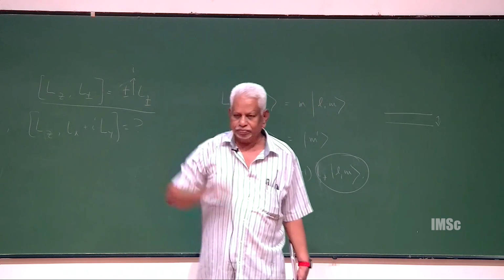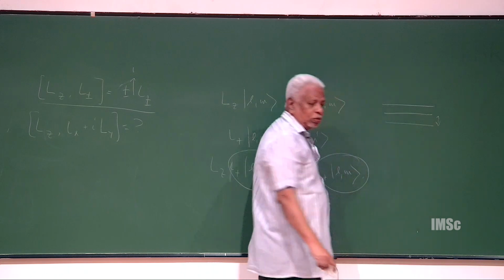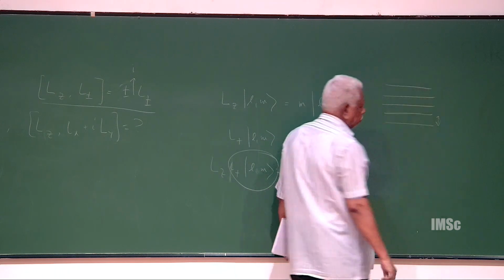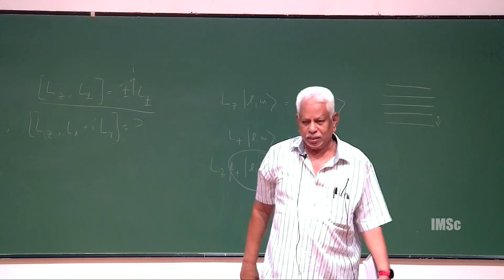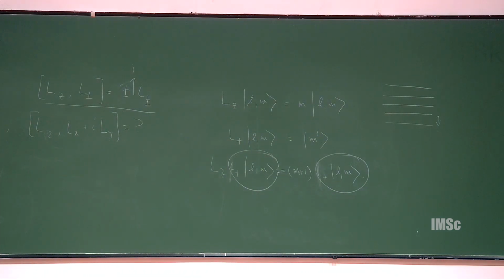You operate again on this, you will go one more step, and keep on going by L plus acting on that. Now, unlike the case of the harmonic oscillator, for this case it should stop at some point.